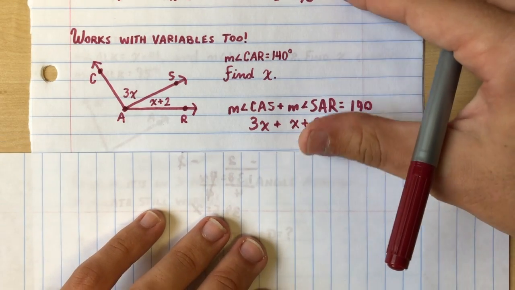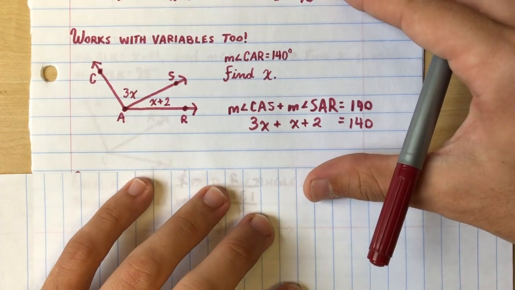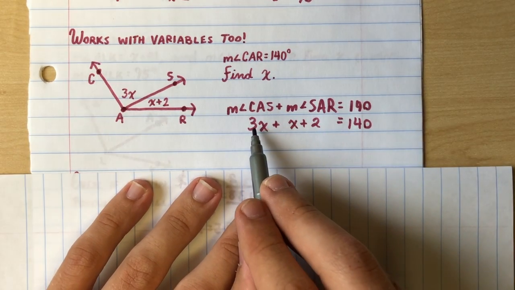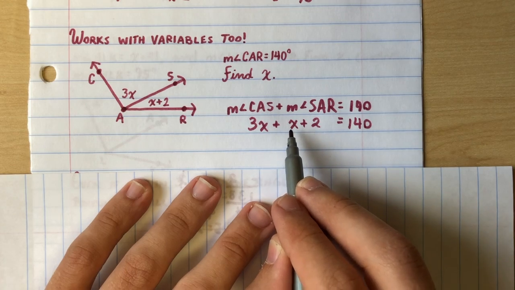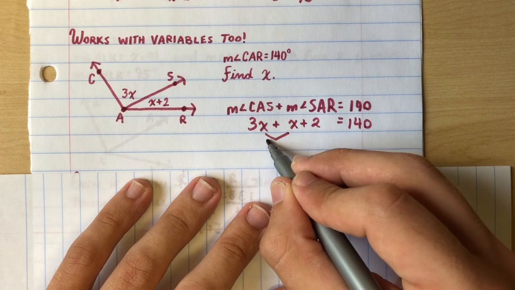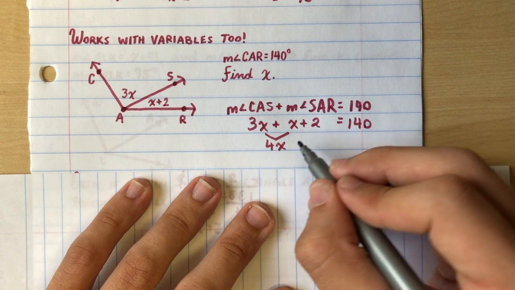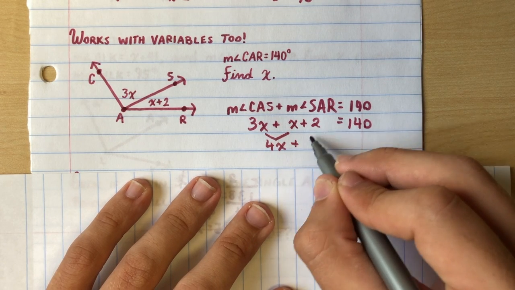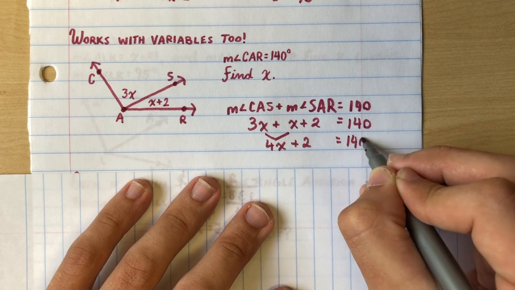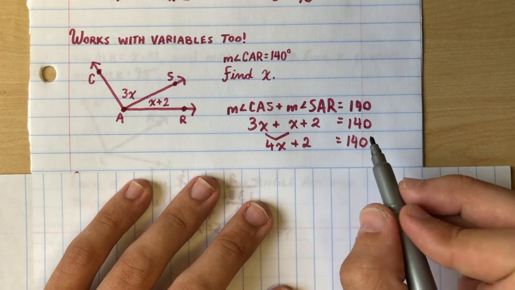At this point we're just solving equations. First you should combine your like terms. If you have 3 x's and then you add a whole other x in, now you have 4 x's, so we're going to make this come together as 4x, and then we still have plus 2 here, and that's equal to 140. Then we can start eliminating things.